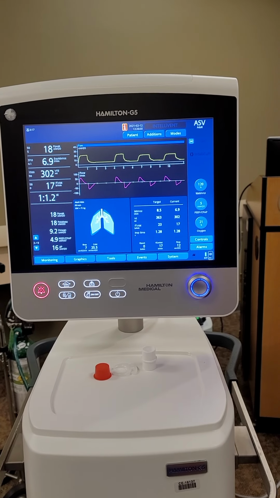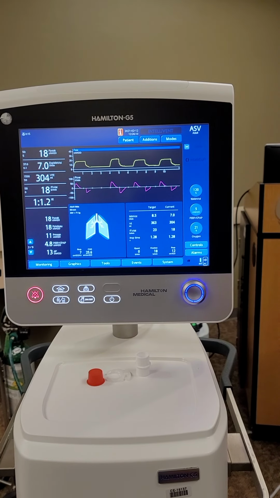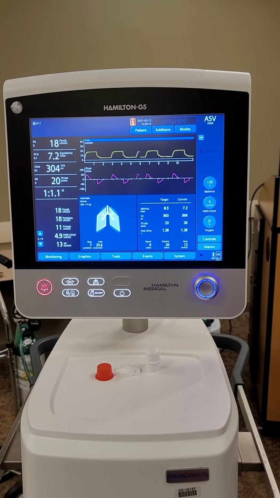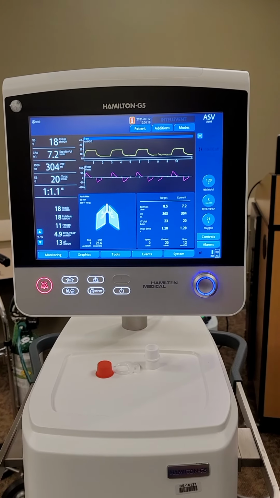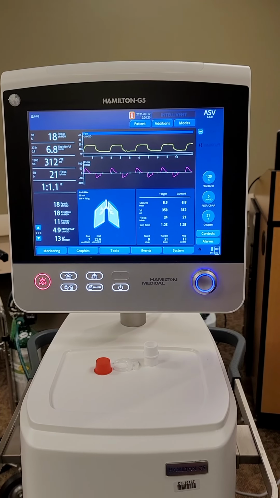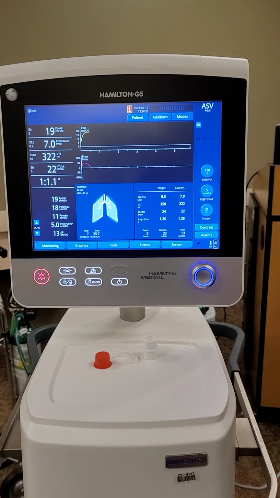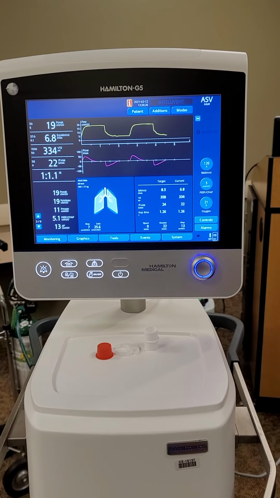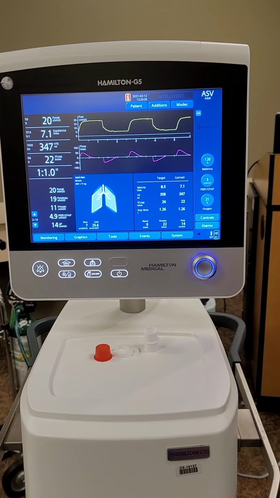It's going to look at the expiratory time constant and say, how hard is it for this patient to exhale? And then it's going to pick its rate based on that. So if you have a retainer or somebody with a really long expiratory time constant, it's going to pick a lower rate and a higher tidal volume to get that same minute ventilation.